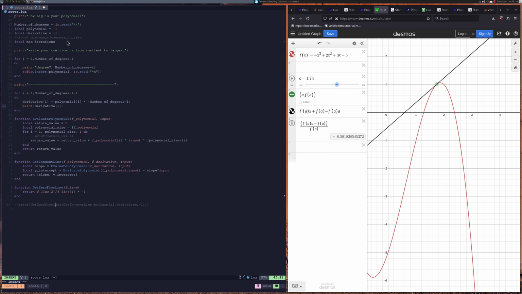Alright, now we have a triple, and now we're gonna do a for loop. So for I equals 1, number of degrees minus 1, do, because that's the amount of zeros.